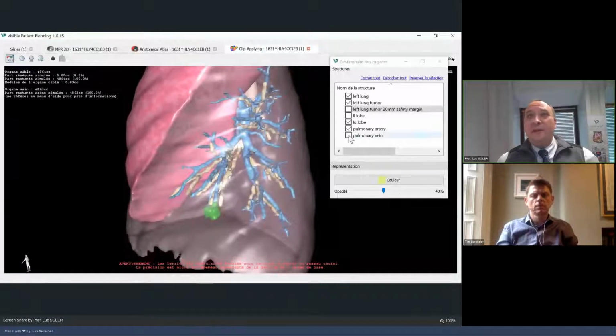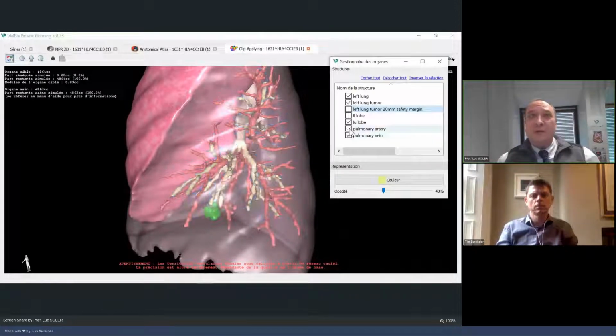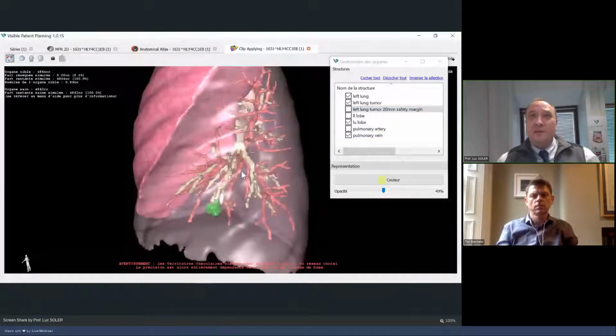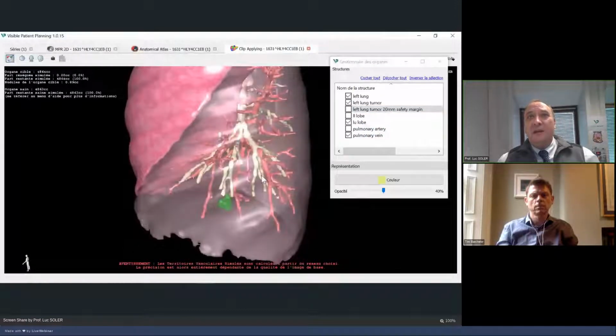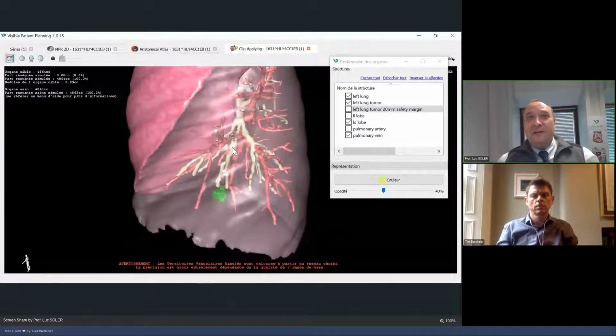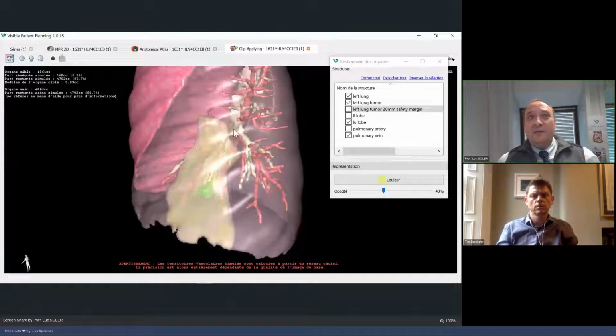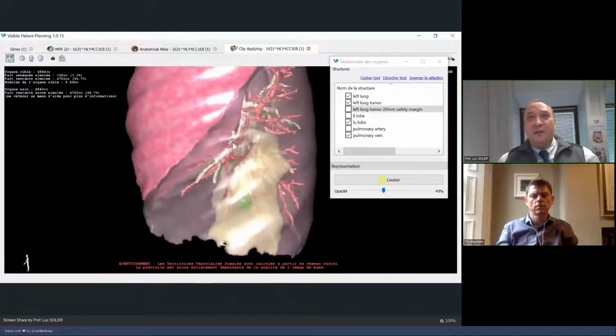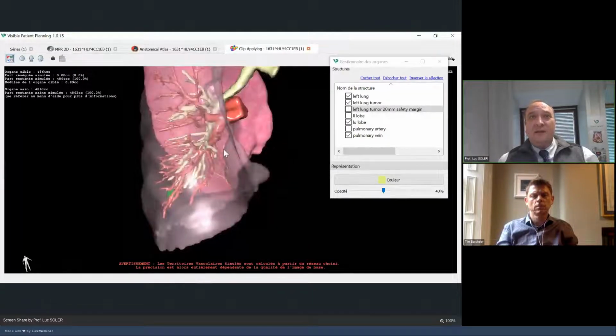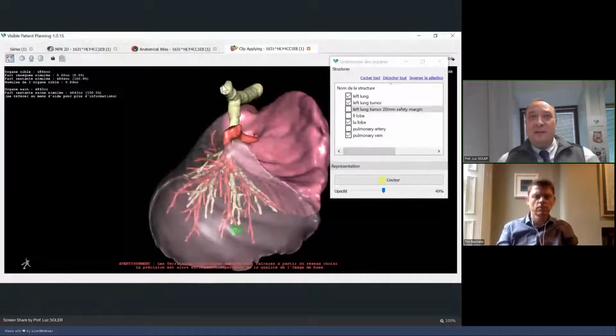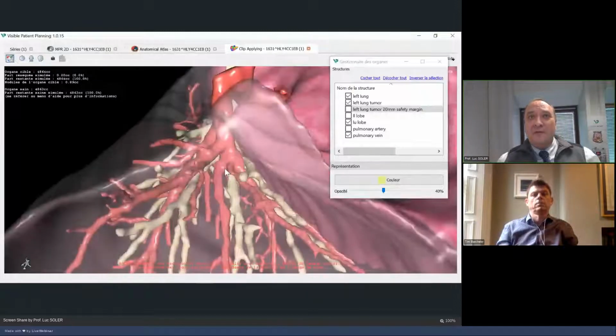What about the veins now? I will remove the arteries and only show the veins. You see that we have a dedicated vein here for the segment 9, really easy to check, and we have a vein for the segment 8. When I rotate to a right lateral view, I will see that in reality, we have a common vein here for the 8 and 9, like for the artery.